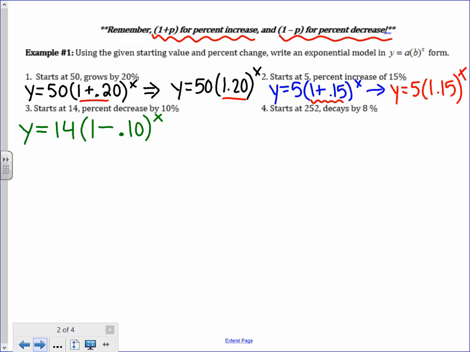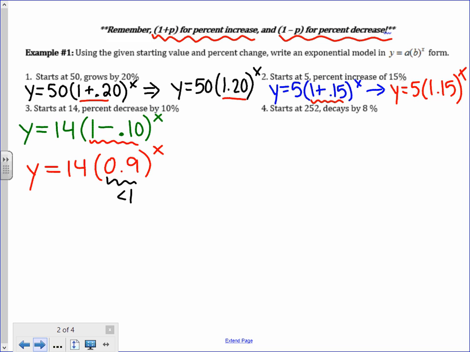Now, if I wanted to, I could take my calculator and I could figure out that 1 minus 0.1 would give me y equals 14 times 0.9 to the x. Now, we learned in Unit 1 that if my growth rate, 0.9 here, was less than 1, we have a decreasing exponential function. So that's your other visual cue that this is decreasing other than the word.